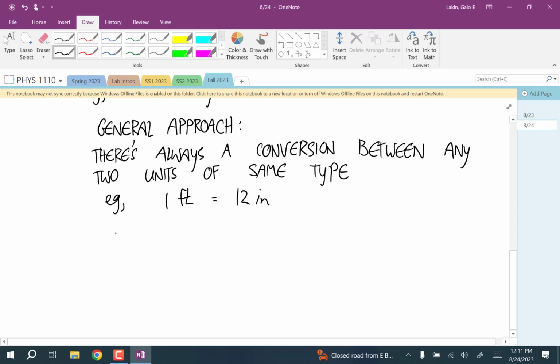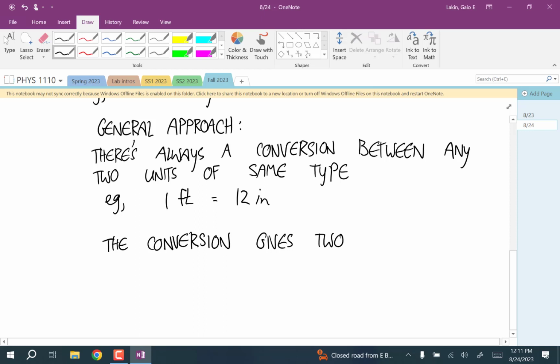For each conversion, you can come up with 2 conversion factors. So the conversion, that equation that I gave there, gives 2 conversion factors, and you get those by dividing one by the other one.